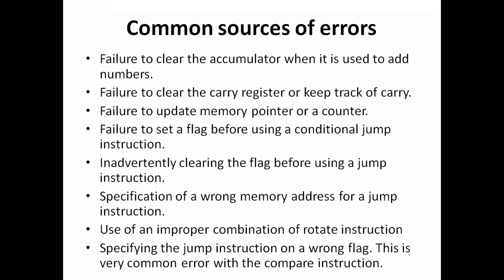Meaning thereby, before using the jump instruction, it is necessary that you have used an arithmetic or logical operation due to which the flags are affected. Because flags are affected only by arithmetic and logic operations, not by data transfer operations. So before using the conditional jump instruction, you must assure yourself that you have used an arithmetic or logic instruction due to which the flags are being set or reset.